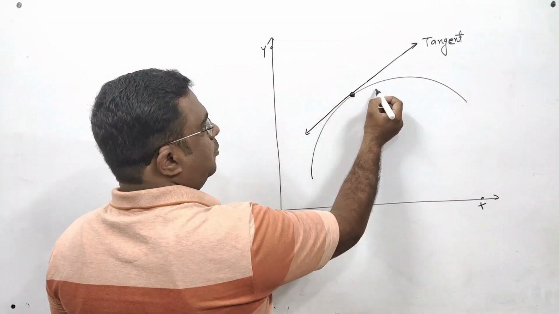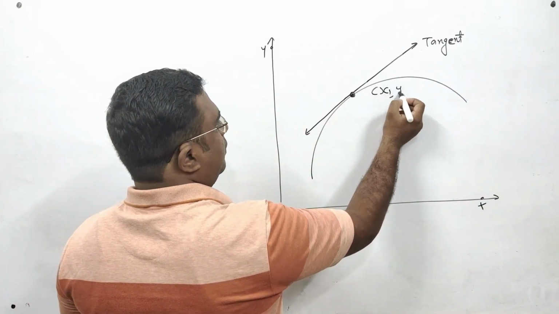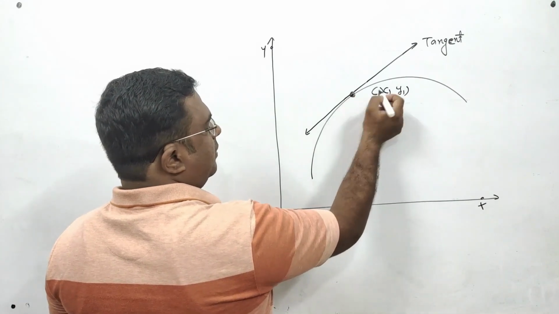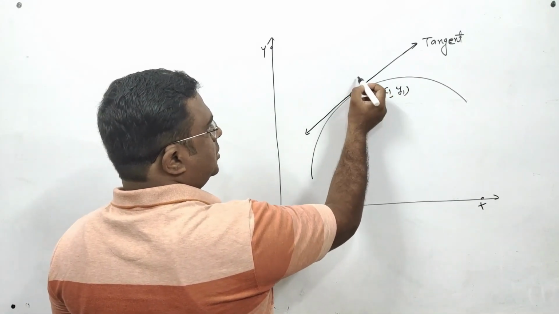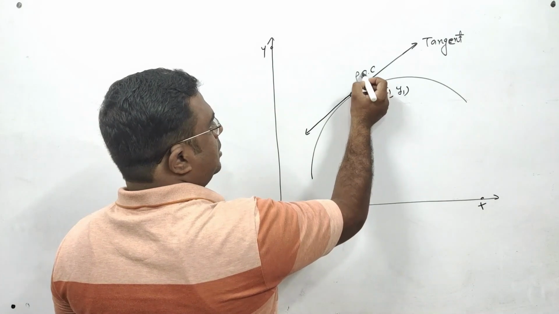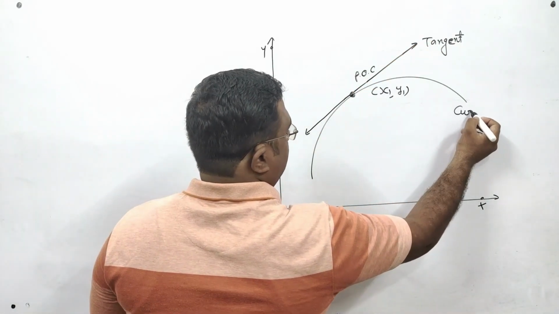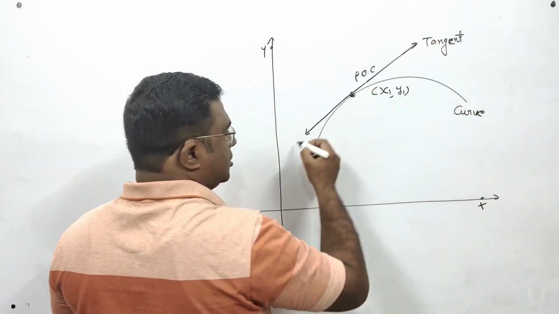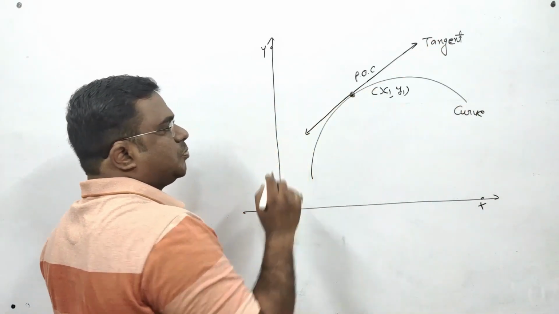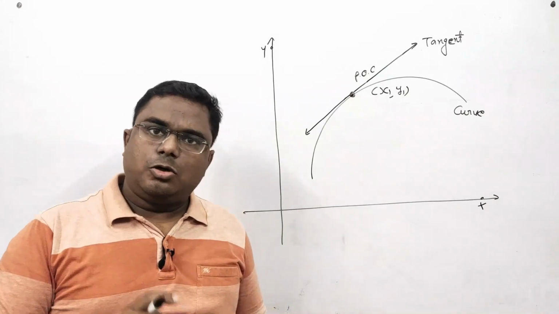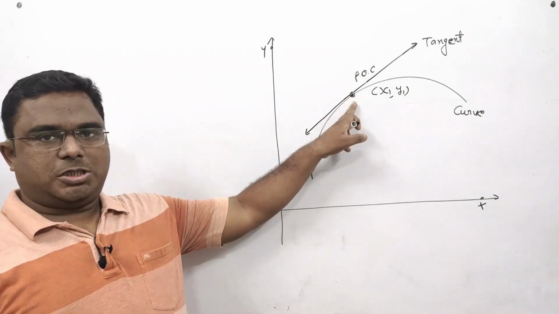Suppose the coordinates of these points are x1, y1. So this x1, y1 is the point of contact, and this line which is touching the curve only at this point will be tangent to the curve at this point.